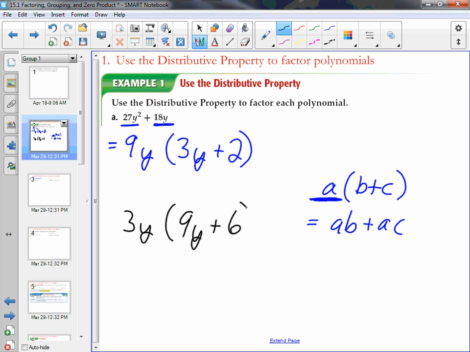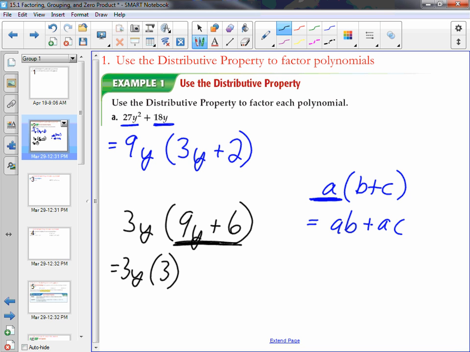Y divided by y is 1. And we get that. That's not incorrect. I mean, that really does equal 27y squared plus 18y. But it's not the complete factorization. If you notice, don't those two terms still have a common factor? They still have a common factor of 3, don't they? So then we would say, okay, so that's 3y.